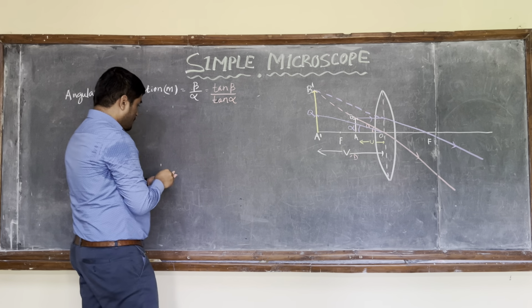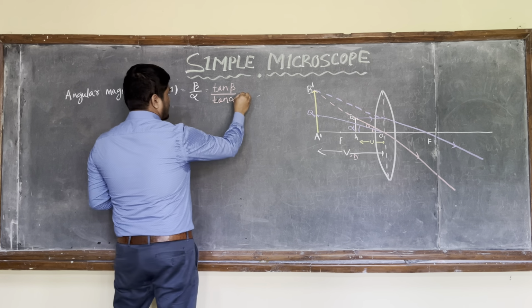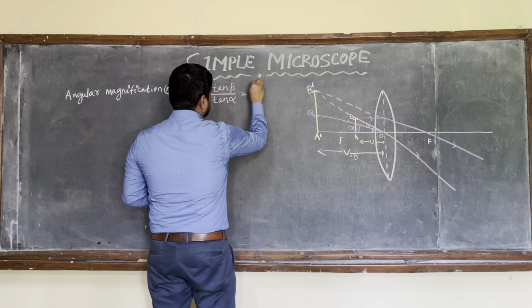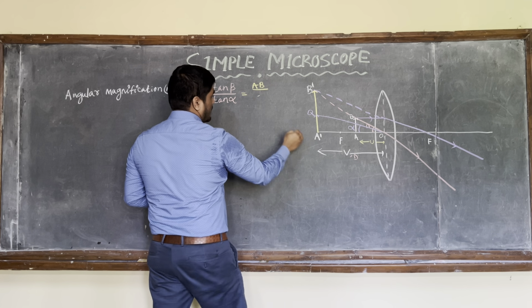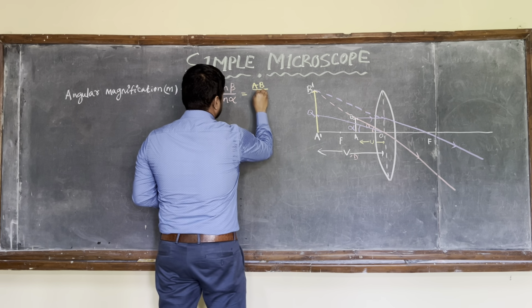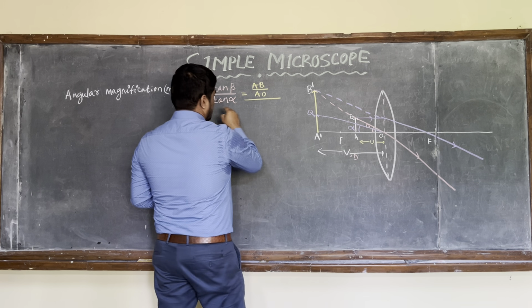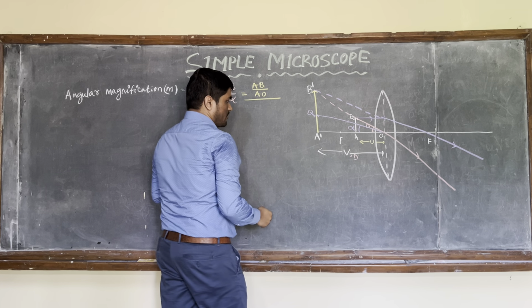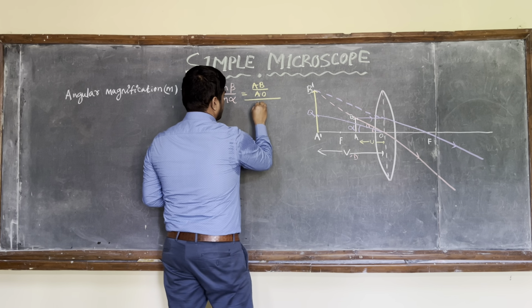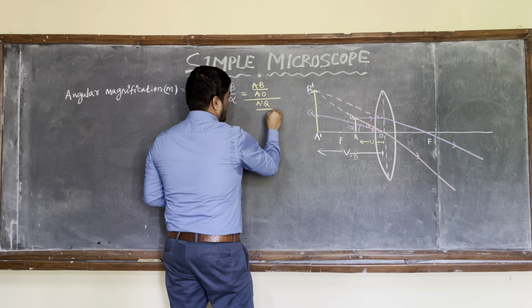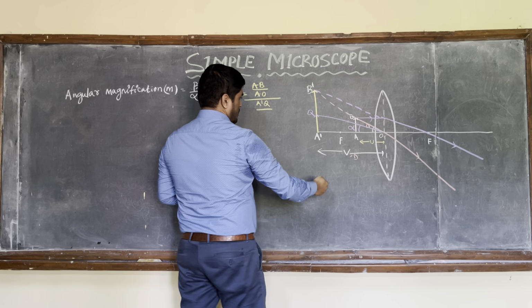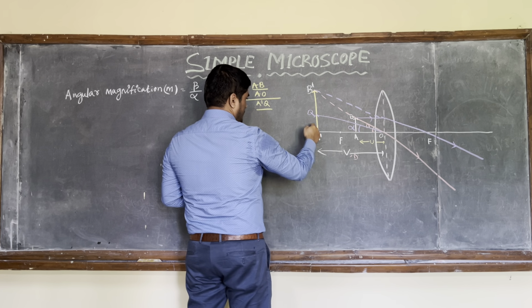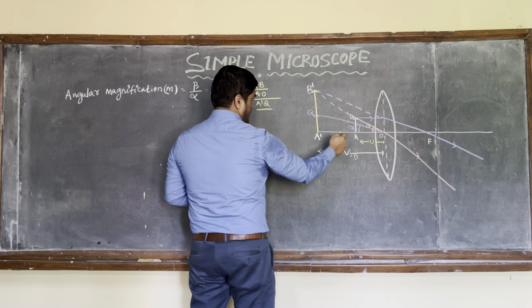And tan alpha, this angle is alpha, so tan alpha will be A dash Q divided by A dash O in the triangle Q A dash O.